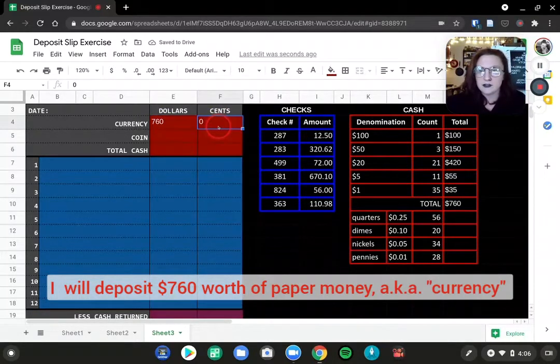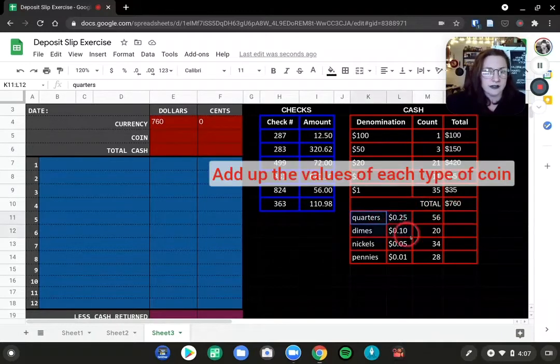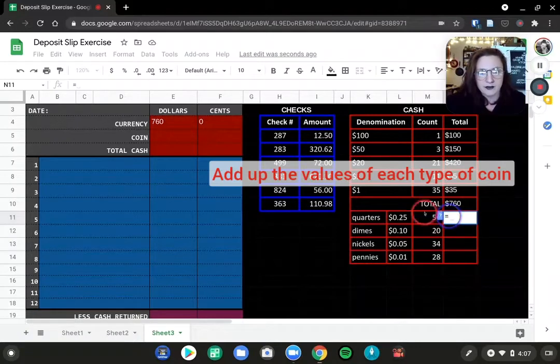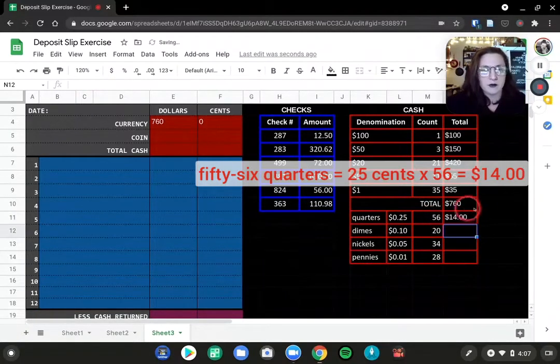This isn't going to let me format it correctly, but you should just have 2 zeros in this column if there are no cents. We do the same thing with the coins right here. These are the coins. Multiply the value of the coin by how many of that type of coin we have.